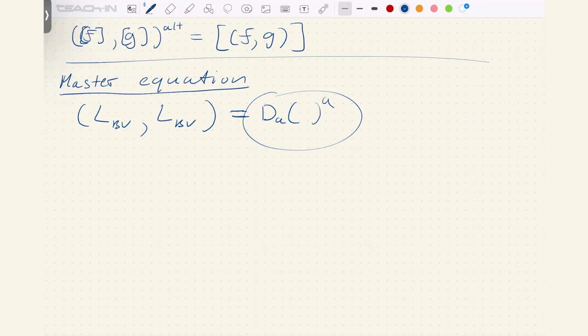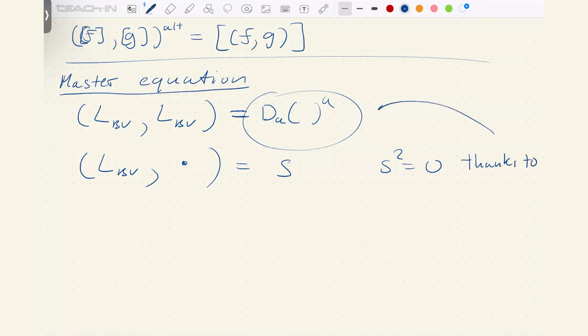But still, the bracket with S_BV with an empty slot is a vector field, and this is an evolutionary vector field, because by definition our bracket is defined in such a way that if we leave the second argument free, we get an evolutionary vector field, and S squared is zero thanks to the master equation.